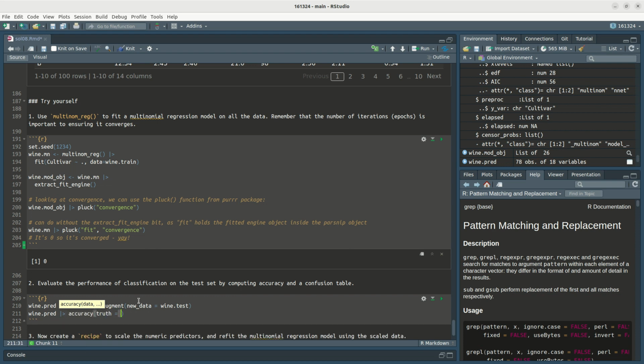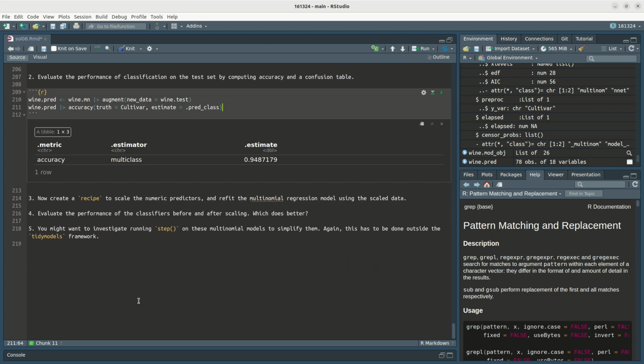So our truth is going to be our cultivar, and our estimate, sorry, is going to be our predicted class. Right, so we've got pretty good accuracy, 95% accurate.